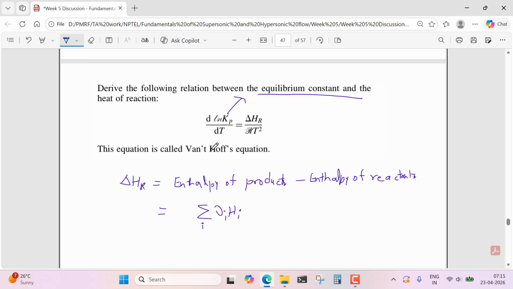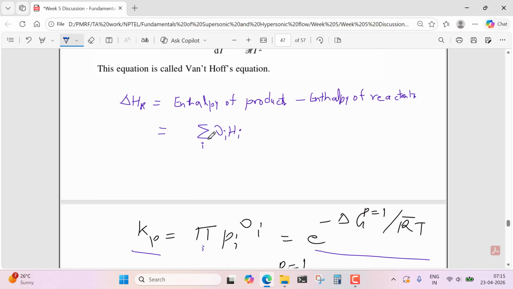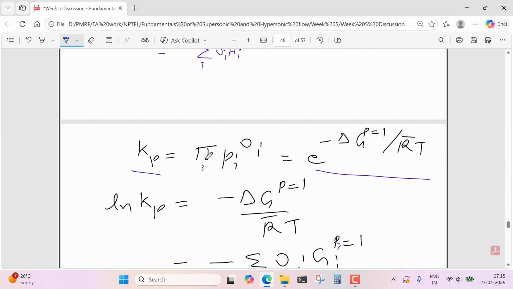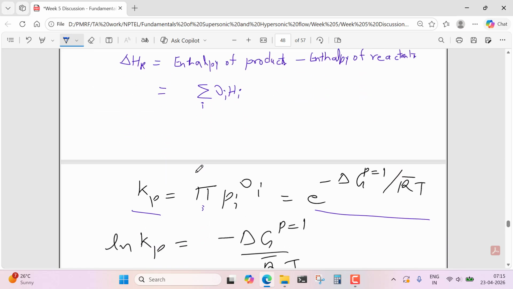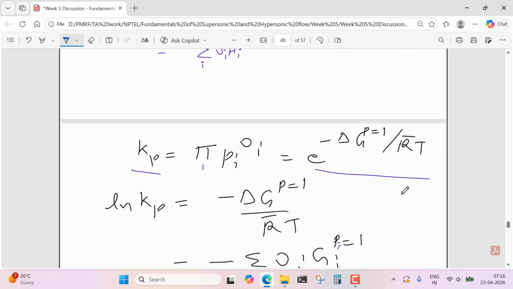Now we will start with the left hand side. We know that Kp is Π_i P_i^(ν_i) equal to e to the power minus ΔG° upon R̄T. Let's take the log of both sides.